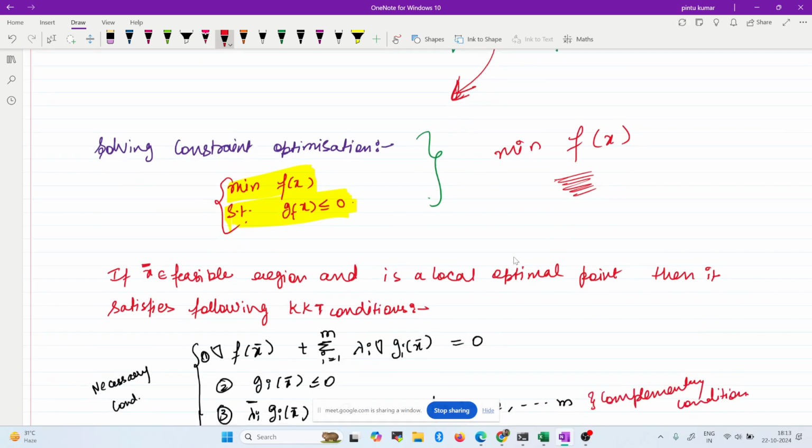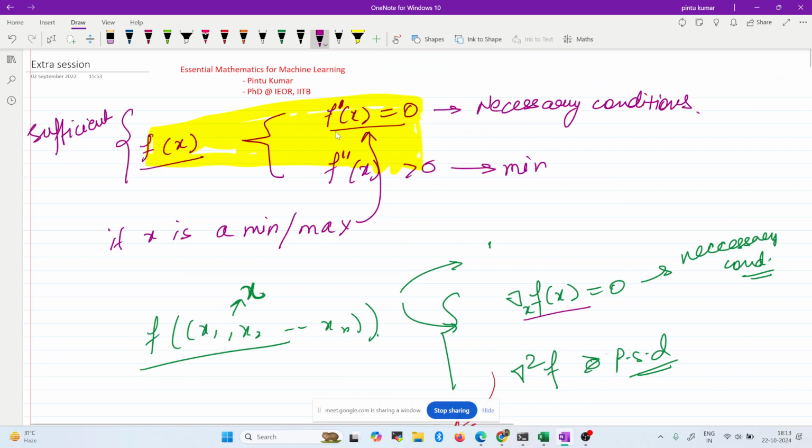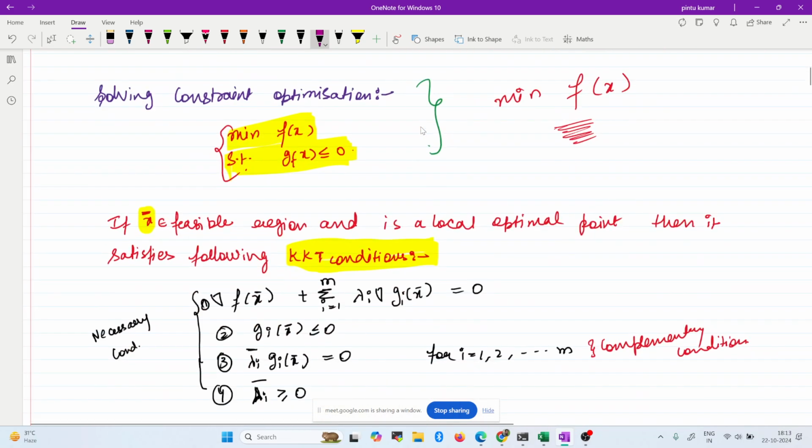For this kind of problem, we have something called KKT conditions, which are necessary conditions for a point x to be an optimal point. For example, above you had gradient equal to 0, or f dash x is equal to 0. Similar to that, you have your KKT conditions, which are necessary conditions.